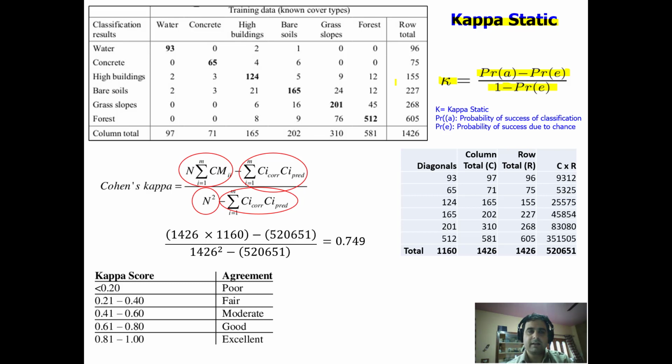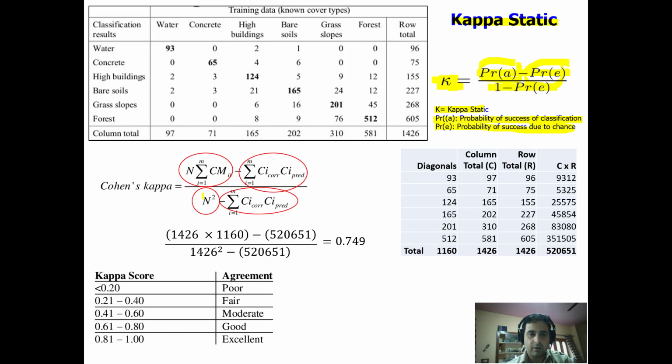To make a difference between chance and the genuine classifier who has information and knowledge about the classification, this kappa coefficient is used. Now K is Kappa Statistics, PRA is the probability of success of classification, and PRE is the probability of success due to chance, and this is repeated in the denominator as well.